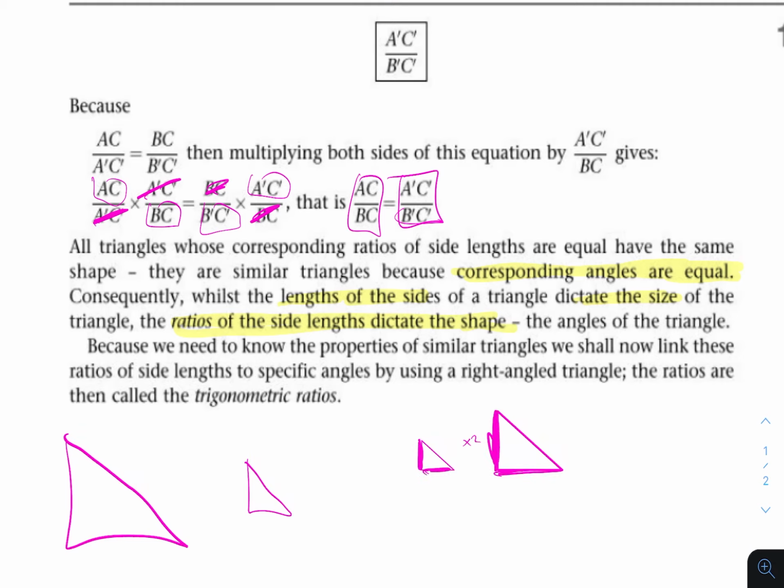This side is half of this side, etc. So again, fairly intuitive stuff, but stuff to keep in mind. The angles of the triangle. Yep. Because we need to know the properties of similar triangles, we shall now link these ratios of side lengths to specific angles by using a right angle triangle. The ratios are then called the trigonometric ratios. And so now we move on to the fun stuff. Cool, so we'll jump onto those in the next video.